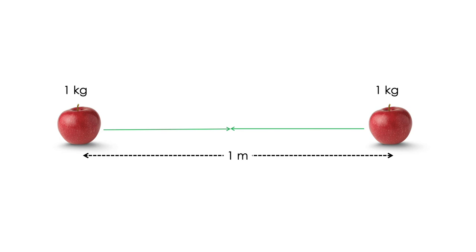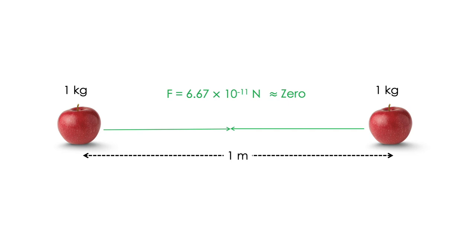Now when we calculate this force of attraction, it comes out to be 6.67 into 10 raised to minus 11 Newton, which is almost equal to 0. It is so negligible that this force will not even overcome the force of friction that is there between the apple and the surface on which the apple rests.